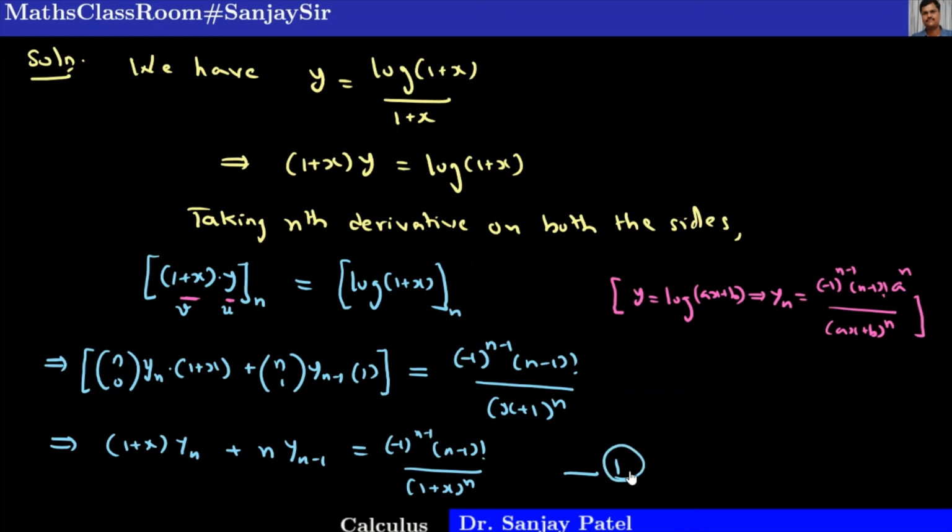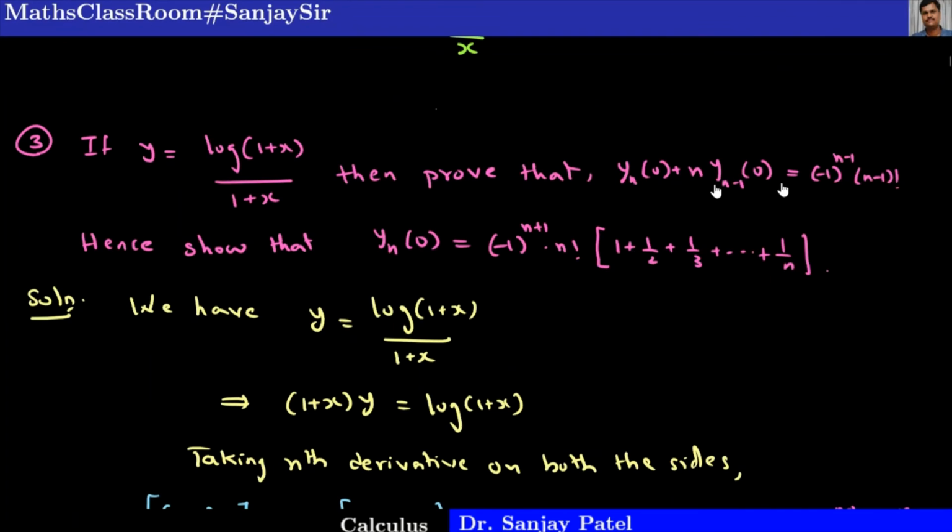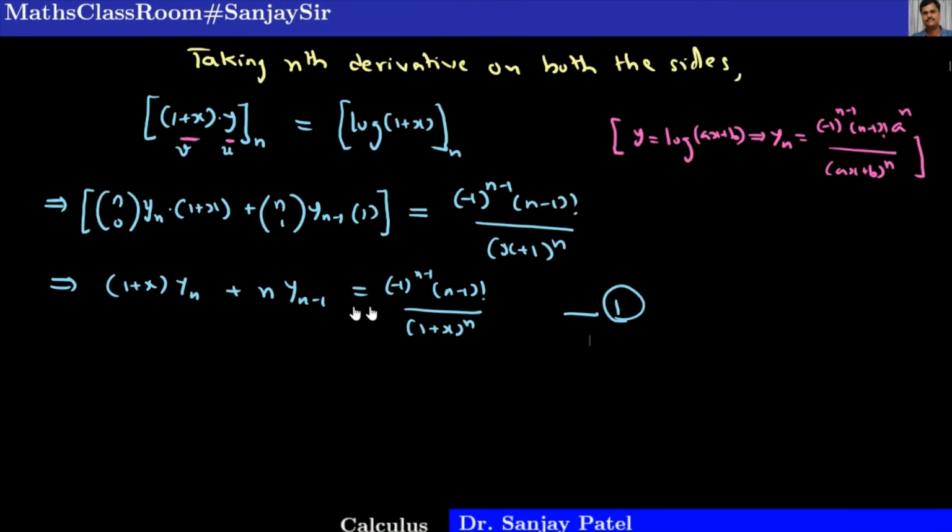Now we need yn(0) plus n times y(n minus 1)(0). That means we need to find these two derivatives at x equal to 0. Our last equation involves yn and y(n minus 1), both the derivatives. So putting x equal to 0 in this, we'll get the value of those two derivatives at x equal to 0.